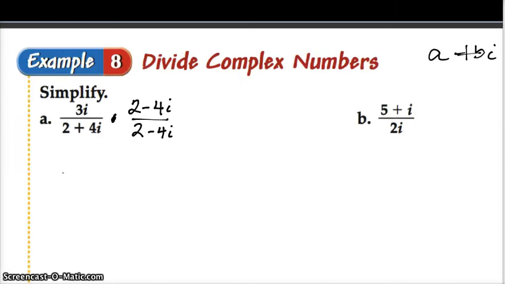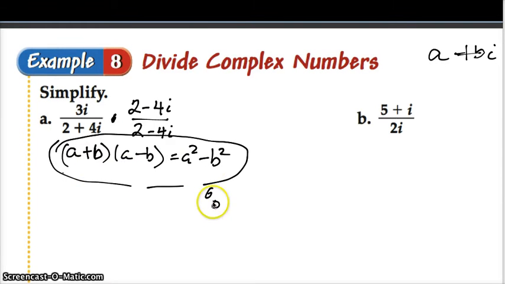And I'm going to use the complex conjugate to multiply the top and bottom. And just like last time, we use this fact to multiply conjugates. We're going to do the same fact again. Let's look at what happens with our denominator. We should get this squared minus this squared, which is now my denominator.